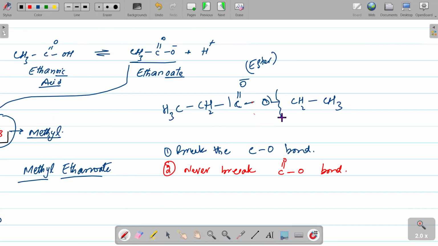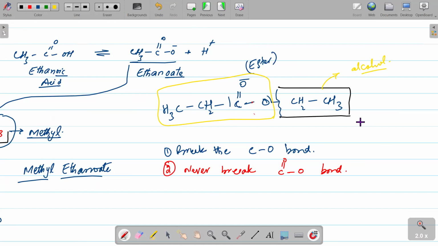So there is only one position from where I have to break, and I will get two parts of the molecule, this one and this one. Is it clear? So very easy now. The part without oxygen atoms came from alcohol.